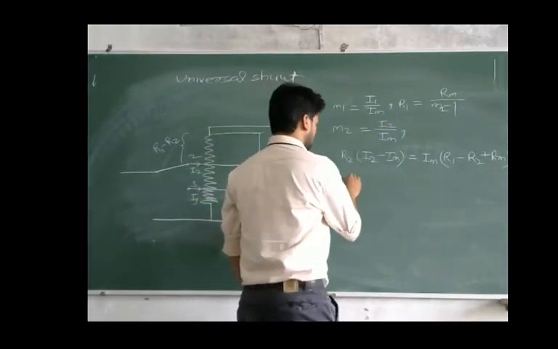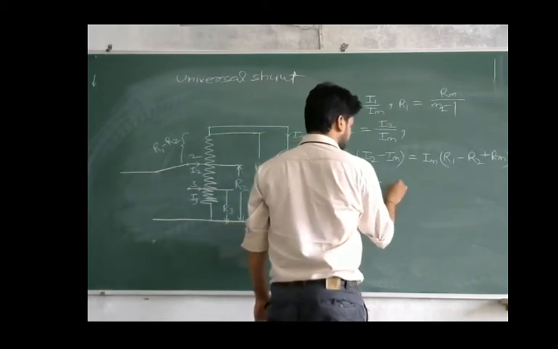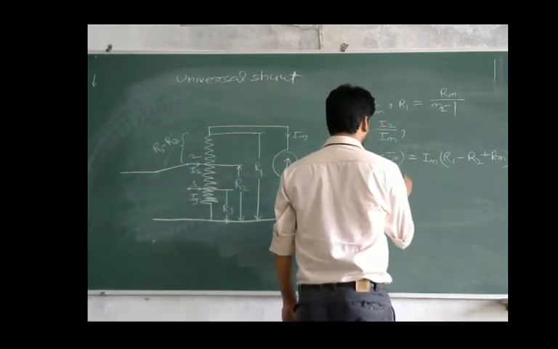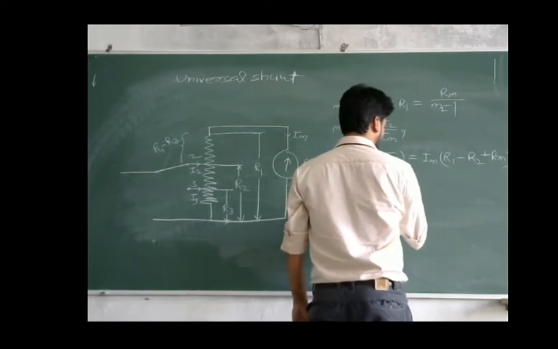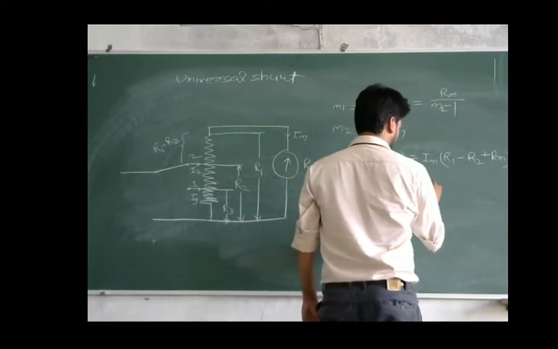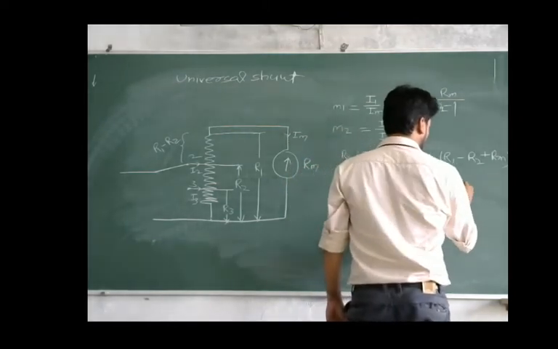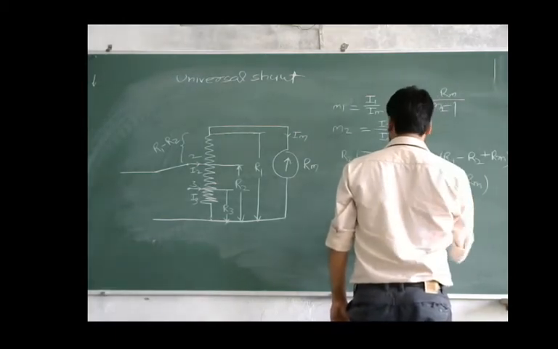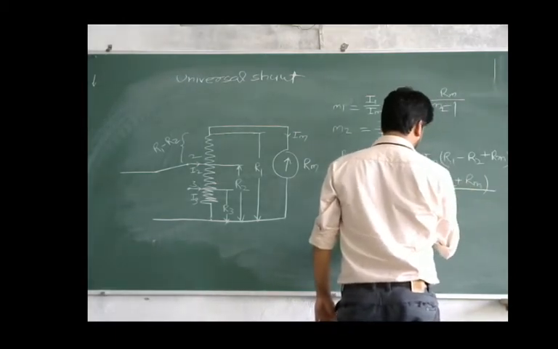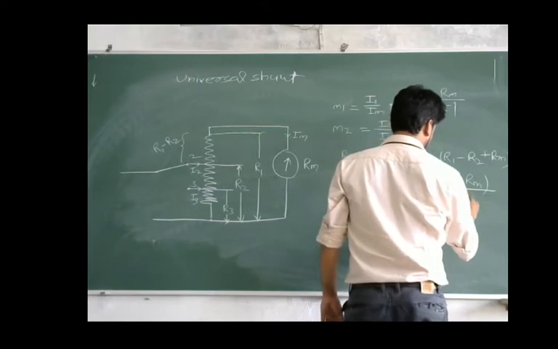We can find out R2 is equal to Im into R1 minus R2 plus Rm upon I2 minus Im.